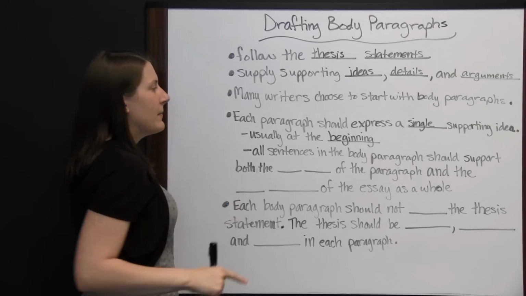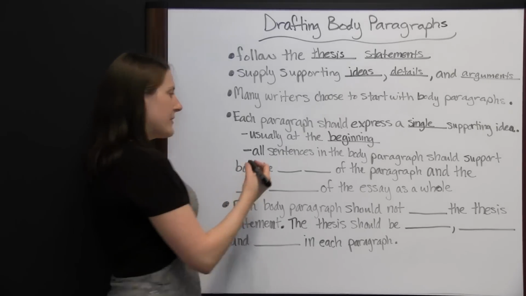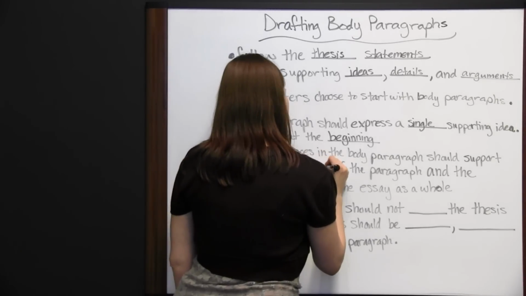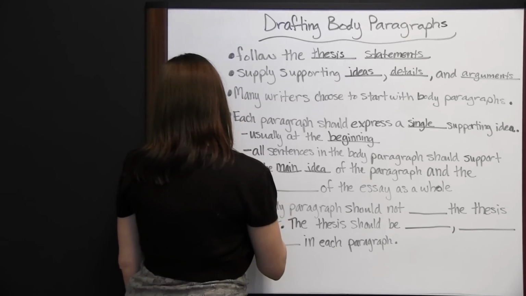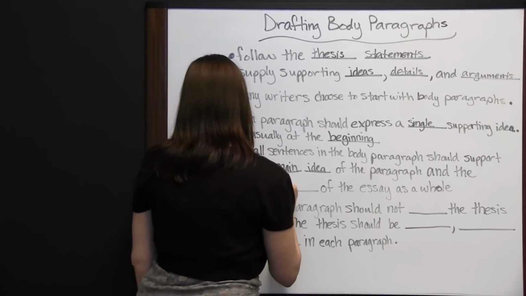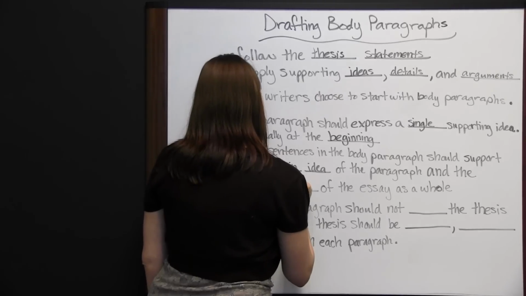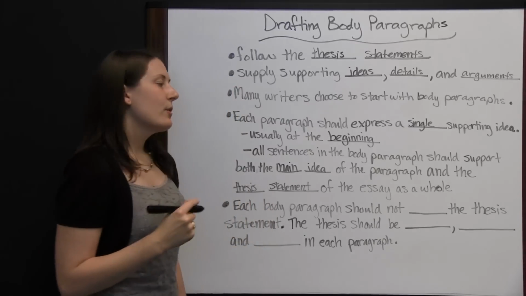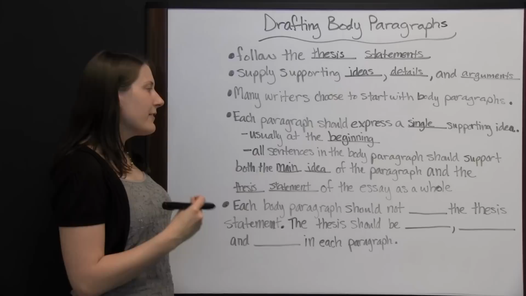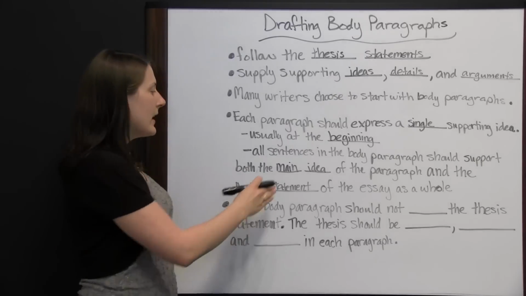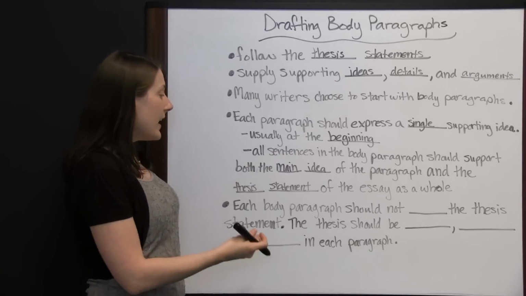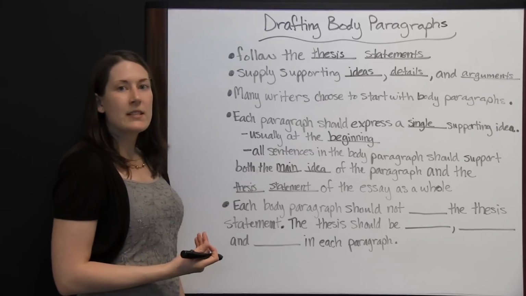However, all sentences in the body paragraph should support both the main idea of that paragraph and the thesis statement of the essay as a whole. So whenever you're writing your body paragraphs, every sentence should still be supporting that single supporting idea of the paragraph, and it should be backing up your thesis statement.